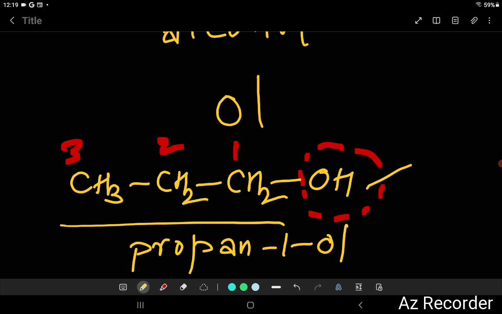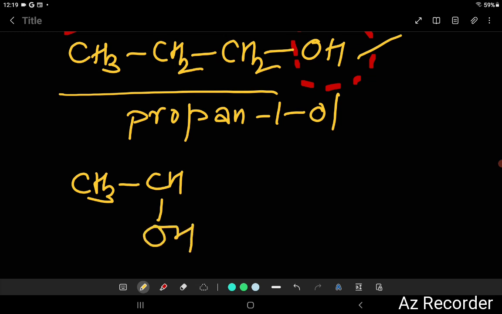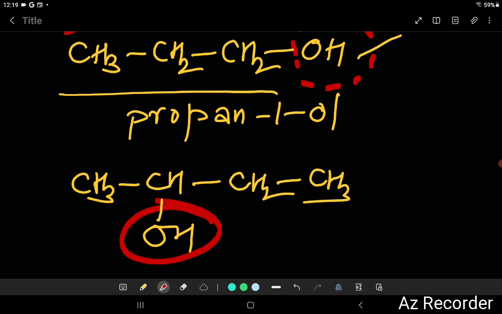Another example of this functional group. This is CH3 single bond CH single bond OH single bond CH2 single bond CH3. So this is your functional group, alcohol, and there are 4 carbons.